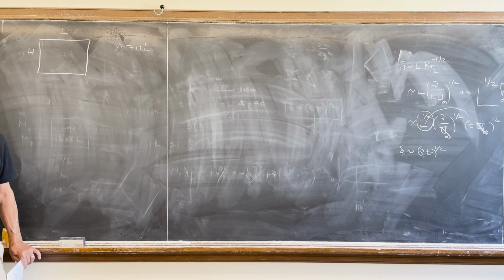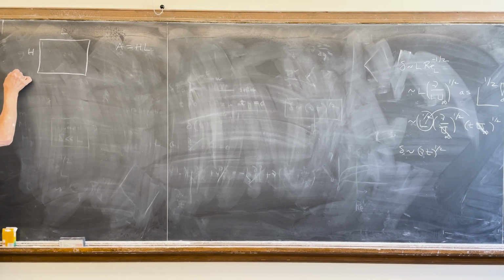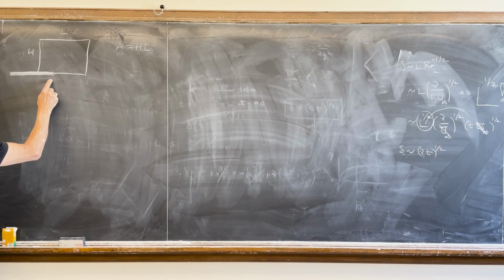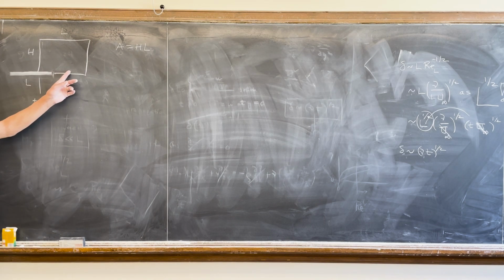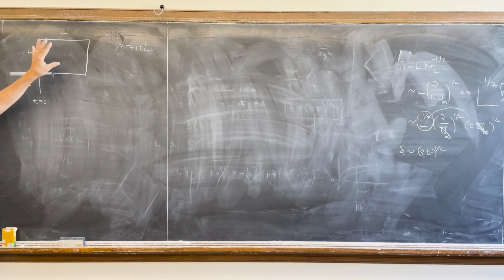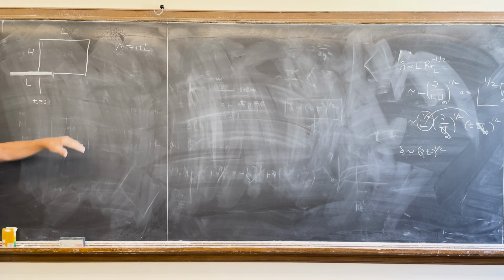It is fixed. And it is being set in motion by a plate of length L that enters here at time t equals 0. See, the bottom wall is being invaded by a solid plate entering from the left. What's outside this rectangle doesn't mean anything in this exercise.